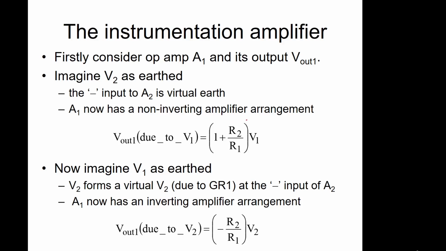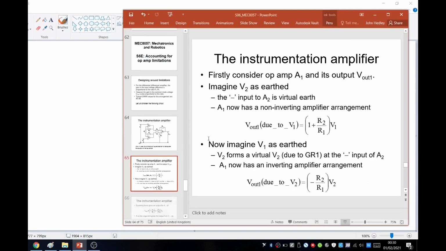So the transfer function for our non-inverting amplifier was given by this, and therefore the output Vout1 due to the input V1 is defined by this term here. What we can now do, again, I'll clean the diagram up.